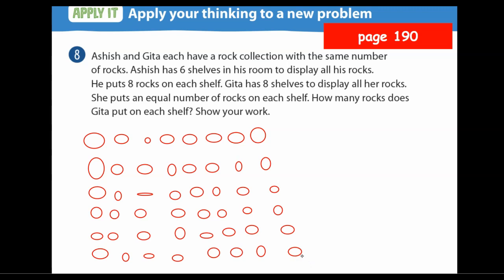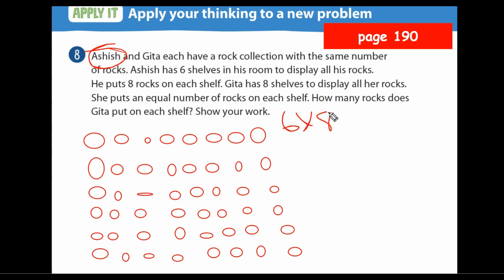Okay. And then Gita has 8 shelves to display her rocks. She puts an equal number of rocks on each shelf. How many rocks does Gita put? Okay. So look, for Ashish, what would be the multiplication for him or her? 6 shelves with 8 rocks each. 6 times 8.